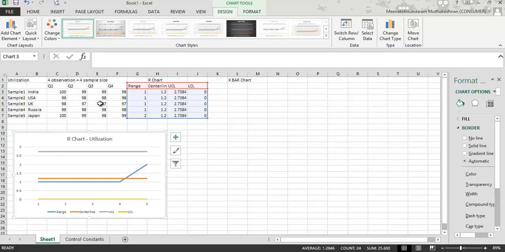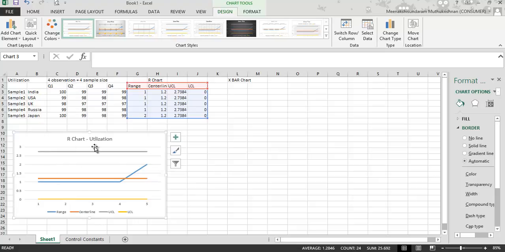By just looking at the data, we can understand that it's 100 and there are 3 consistent values here. All the countries have 3 consistent values, and here when I look at this, there are only 2 consistent, 99, 99, and then there is a 98 and 100. So there is a small fluctuation in Japan.